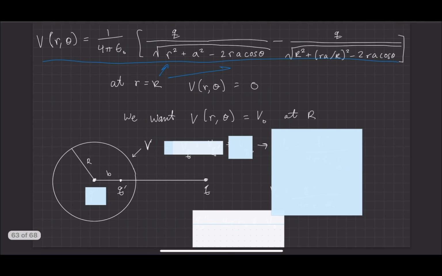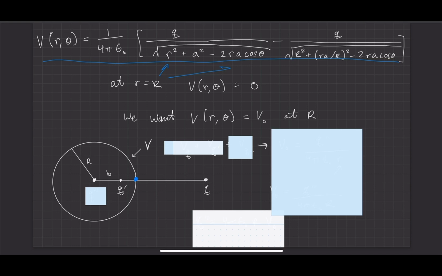We can actually use some of the results from the example to help us solve our problem. So I've redrawn the sphere with the charge inside of it and the charge outside of it. We know that the potential on the surface of the sphere, right here, is equal to 0.